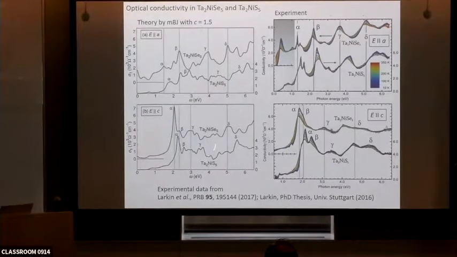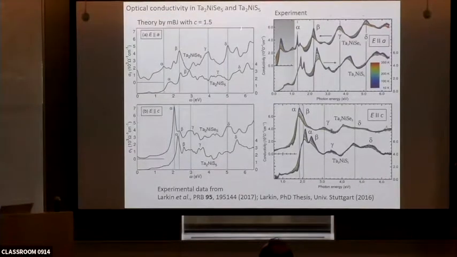They are very much in agreement with experiment; theory agrees very well. And also, with the electric field parallel to the chain direction, alpha peak, beta peak, gamma peak, and delta peak also appear in this system. So we can say that above 1 eV photon energy, the agreement between theory and experiment is very good.